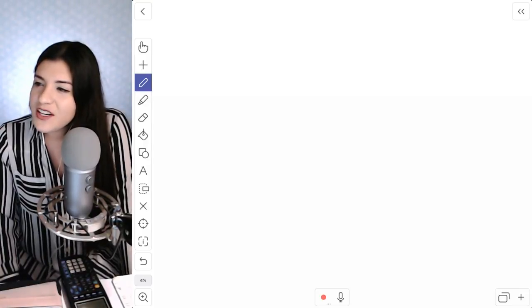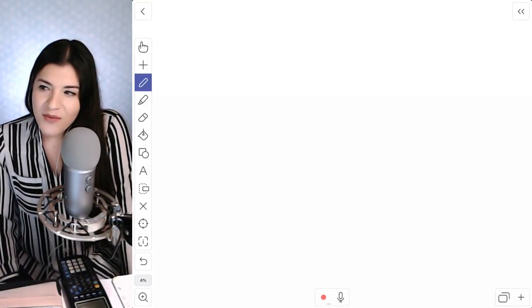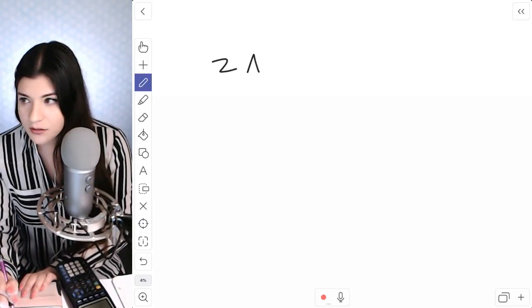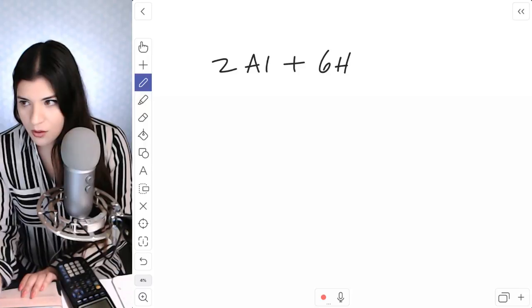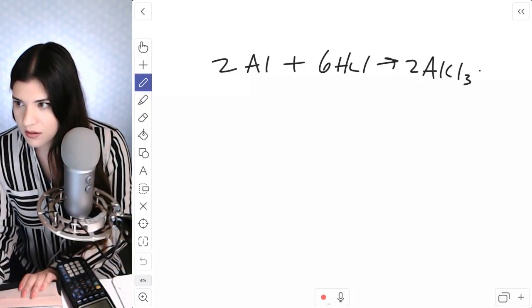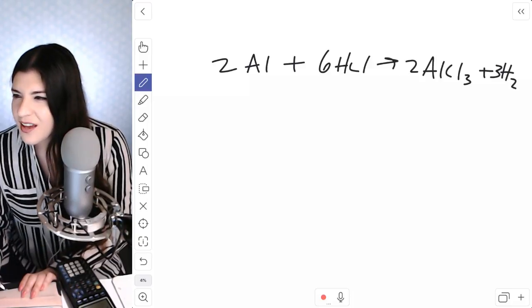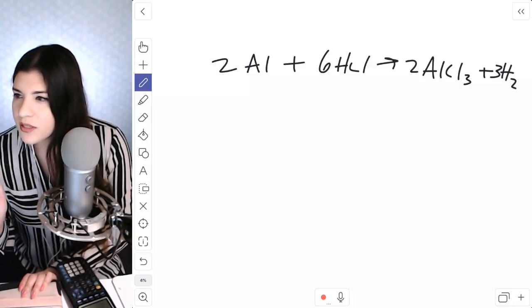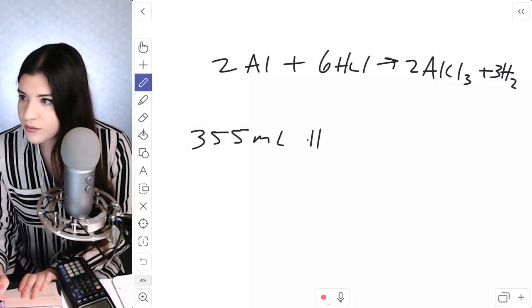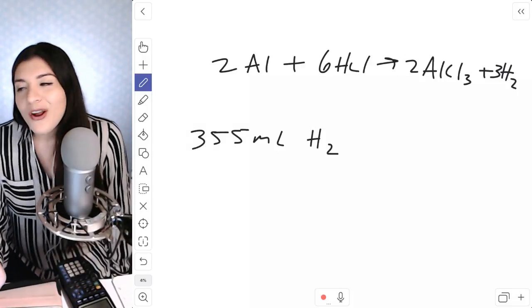So we have aluminum and HCl acid, and we're given our balanced equation. Let's see what this question is asking. We're given 355 milliliters of H2 collected over water.